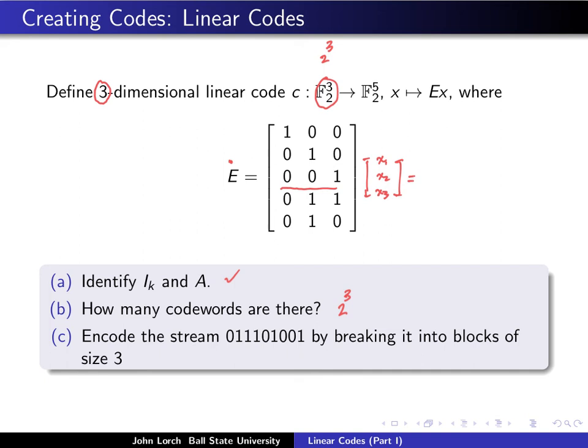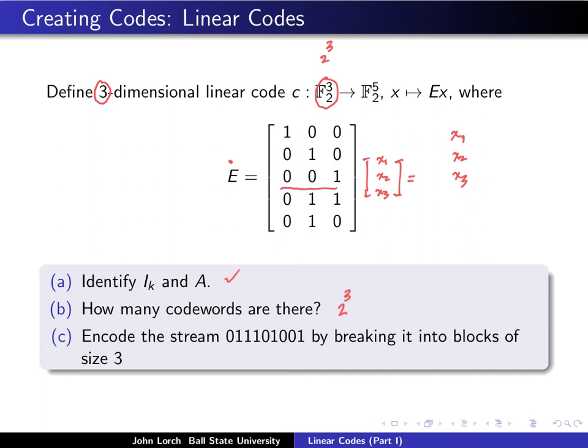Now, it might be interesting generically to see what the code word looks like. So let's perform this matrix product. The resulting vector is going to be x1 times the first column, plus x2 times the second column, plus x3 times the third column. What are we going to wind up with? We're going to wind up with x1, x2, x3, so that allows us to see our original message.